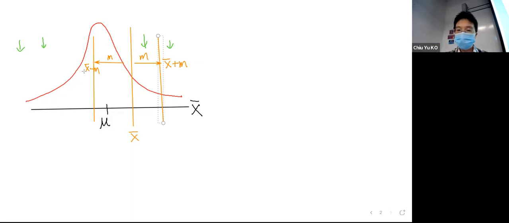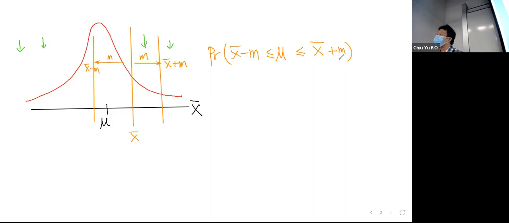So just to write that down: the probability that mu is within the interval. Of course we want this probability to be high, so I will write 1 minus alpha, and I want alpha to be very small.